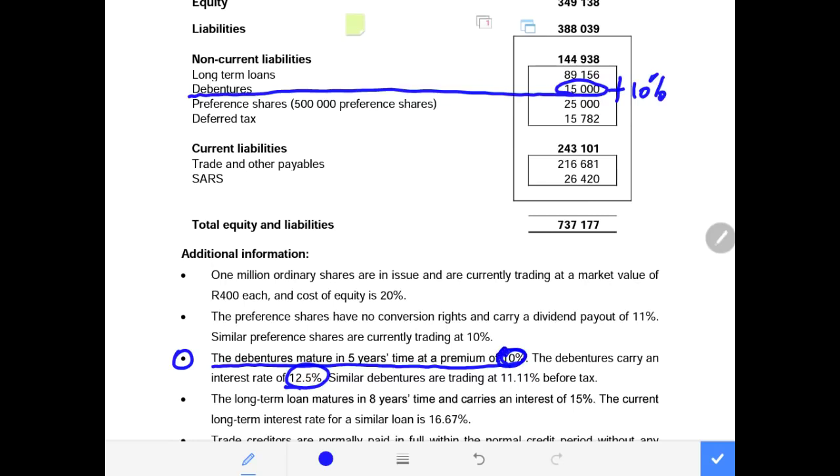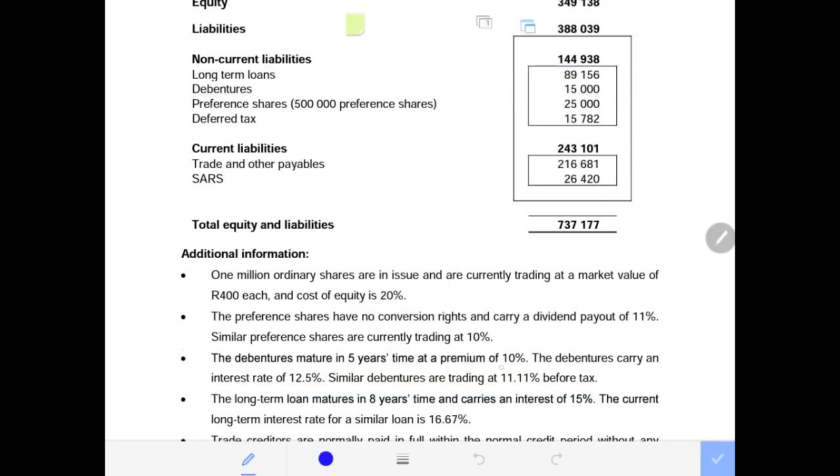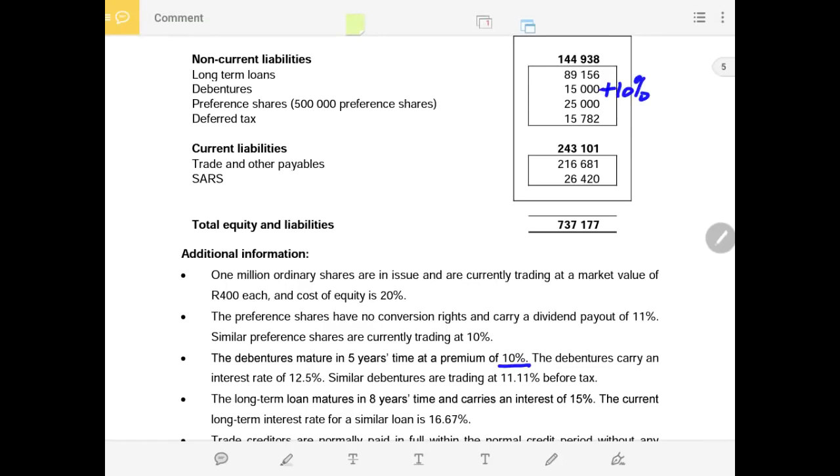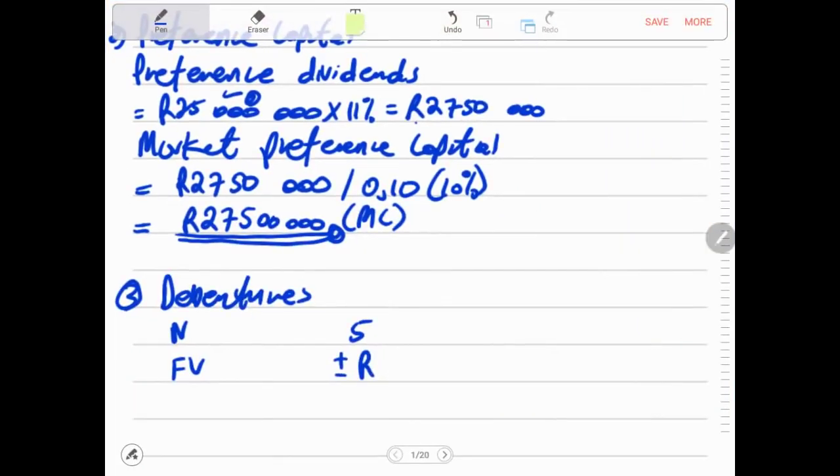So the premium is the addition above the capital. The 10% premium is the amount that will be paid in 5 years, meaning above that 15 million, we have to add 10%. So let us check how much the total amount to be paid in 5 years' time will be.